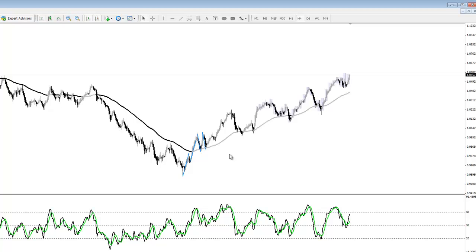Let's take a look at this next pattern, pretty much considered a 3 drives pattern as we call it. Not exact, but pretty close. Our A to B leg. Here we have our C to D leg that breaks out and closes above, creating a new structure high. We have a very small retrace right here, just like our B to C leg.